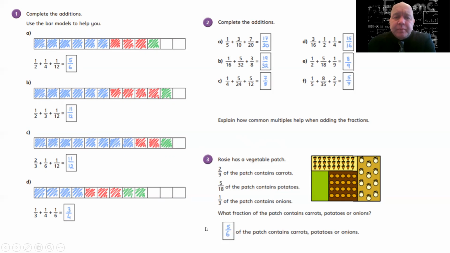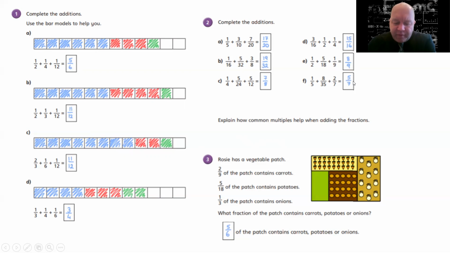Okay, so just to go back, 1A, if you had 10/12ths, yes, you can have it. For D, if you've got 9/12ths, you can have it. In question 2, in C, if you've got 21 over 24, it's correct. E, if you've got 16 over 18, it's correct.